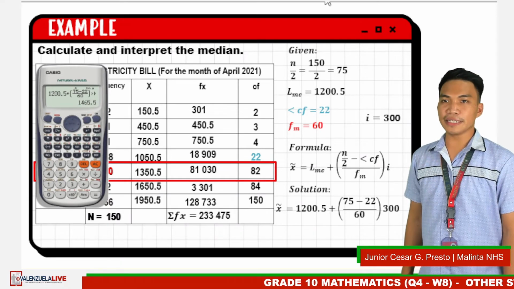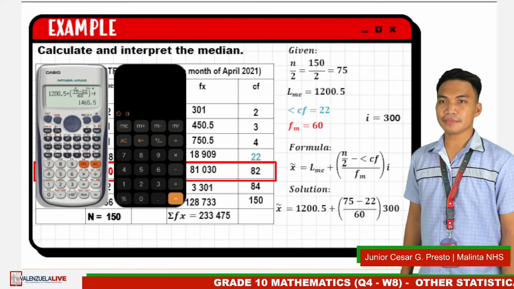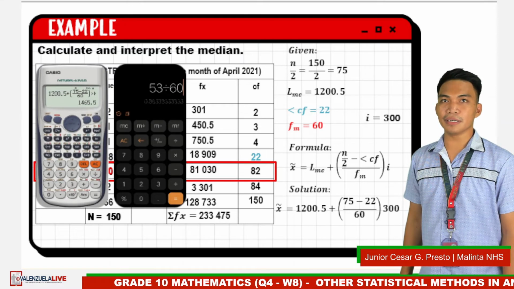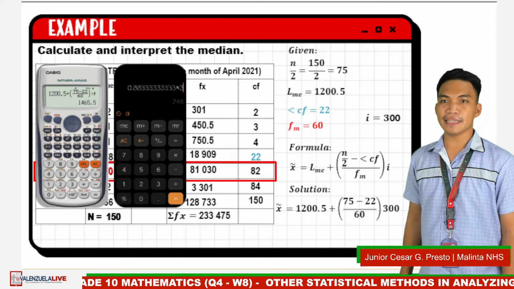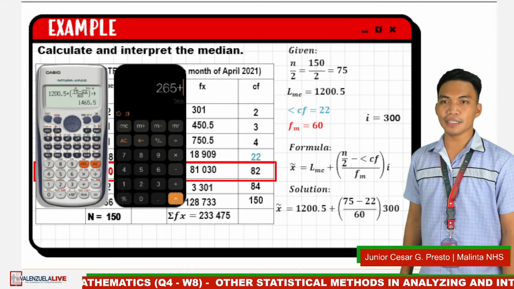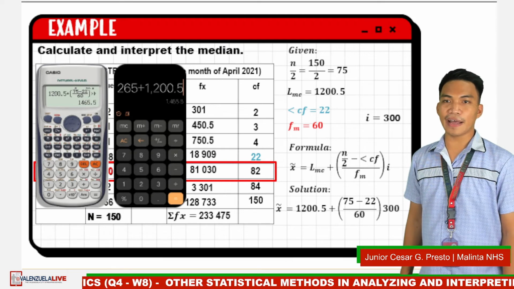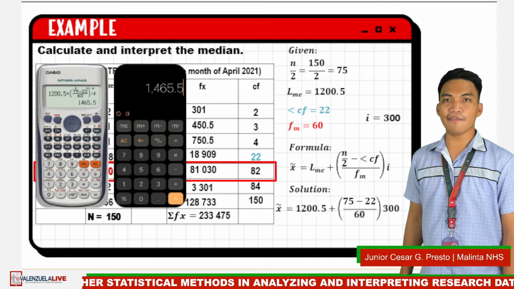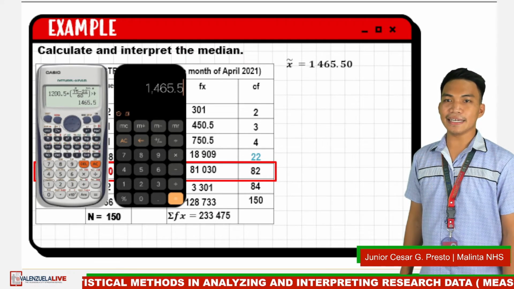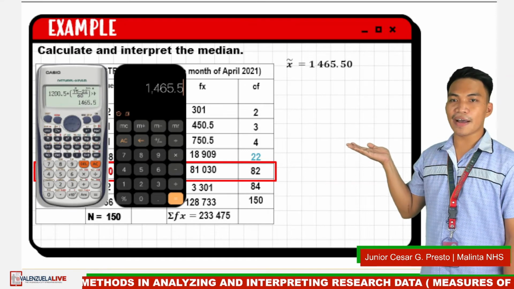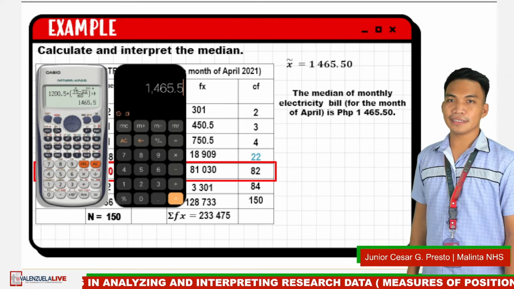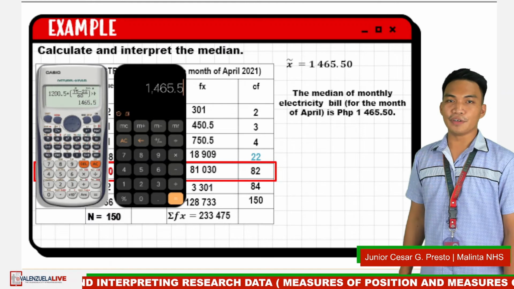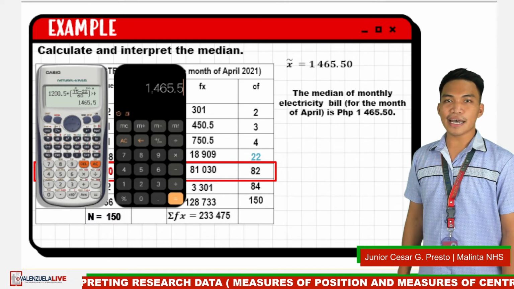For smartphone calculator, input 75 minus 22, then equal sign, division symbol, 60, then equal sign, times 300, equal sign plus symbol, then 1,200.5, press equal sign, the answer is 1,465.50. X tilde equals 1,465.50, or the median of monthly electricity bill of selected households in Malinta for the month of April is 1,465 pesos and 50 centavos.